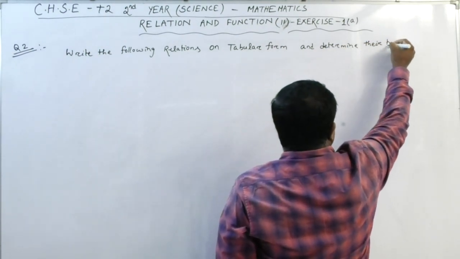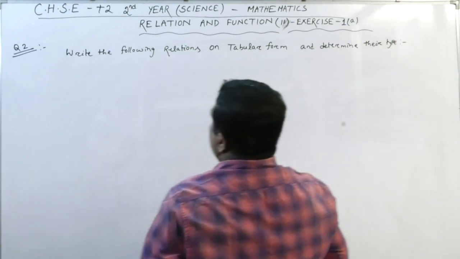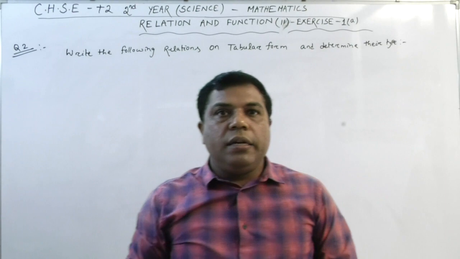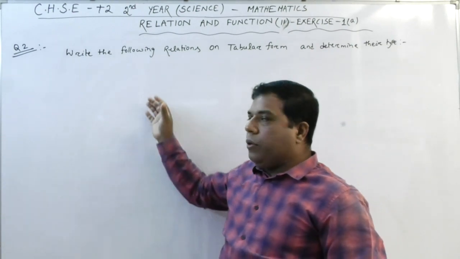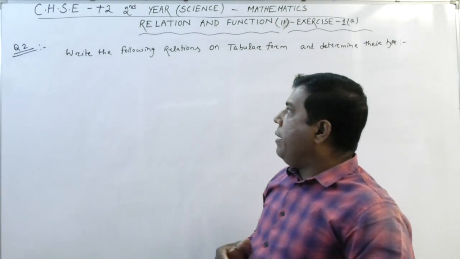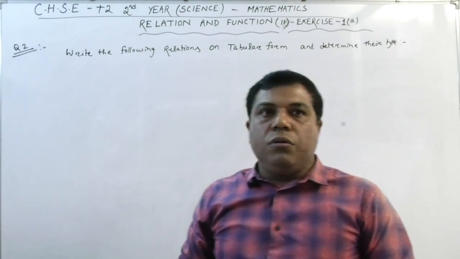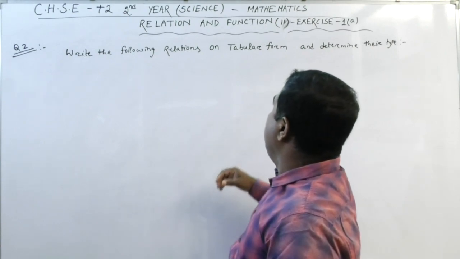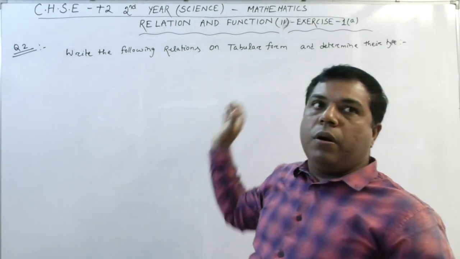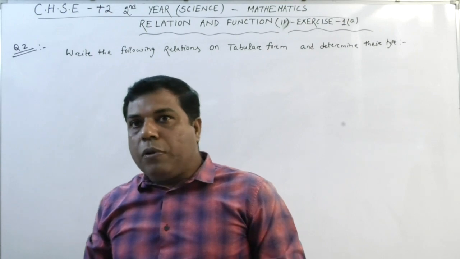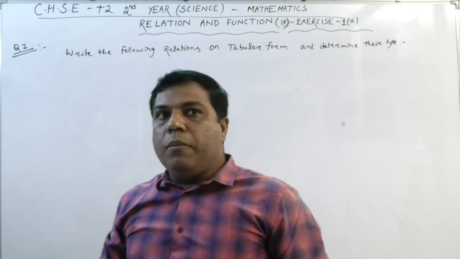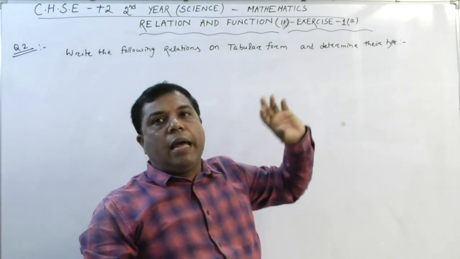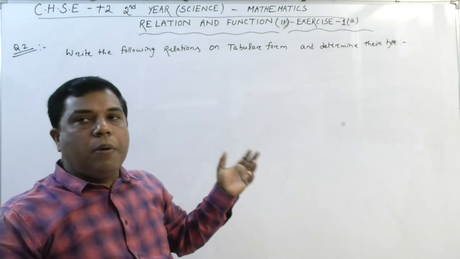Here some relations are written in rule method. I am going to write them, and by checking them you have to convert them into tabular form, and after converting them you have to determine their type, that is, what type of category they fall under.